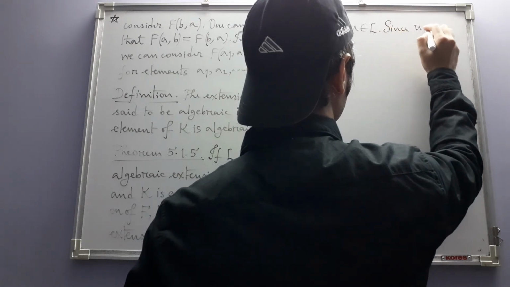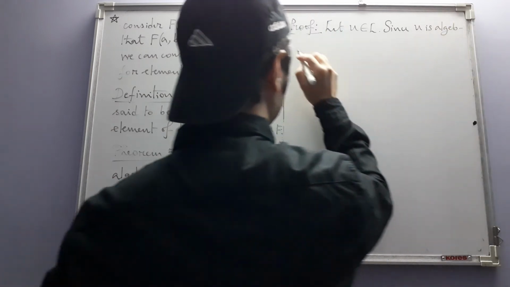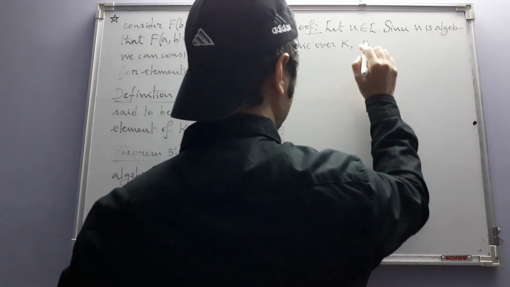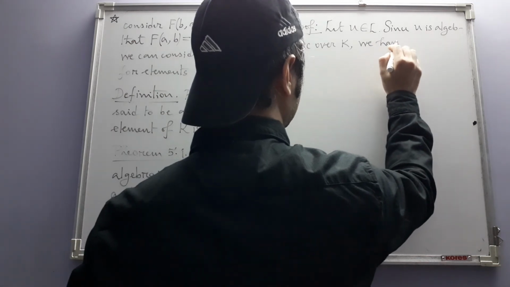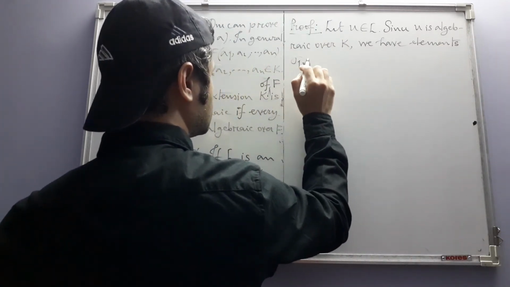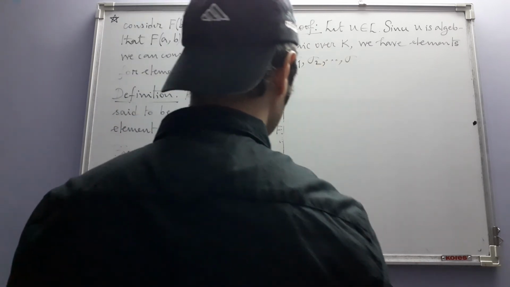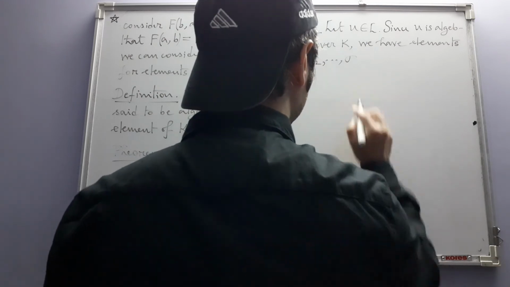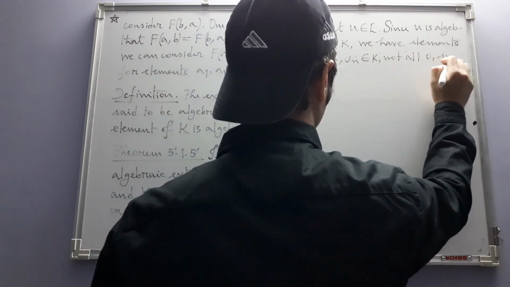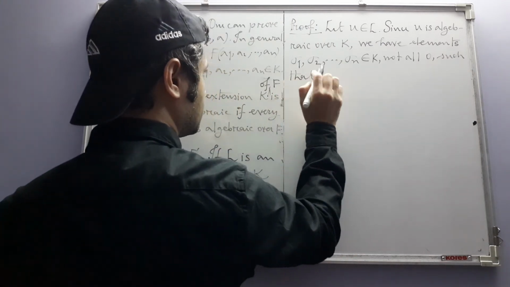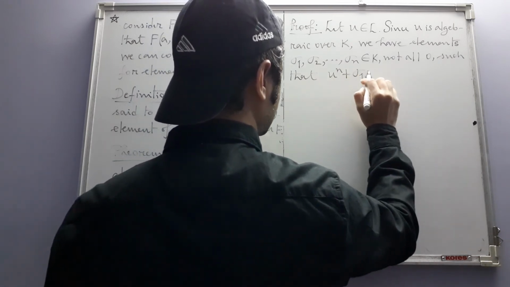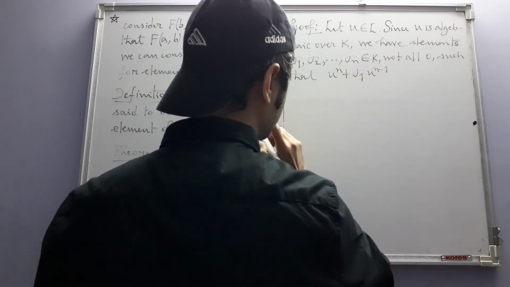Since U is algebraic over K, we have elements sigma 1, sigma 2, etc. up to sigma n in K, not all 0, such that sigma 1 u to the power n minus 1... should we take like this?